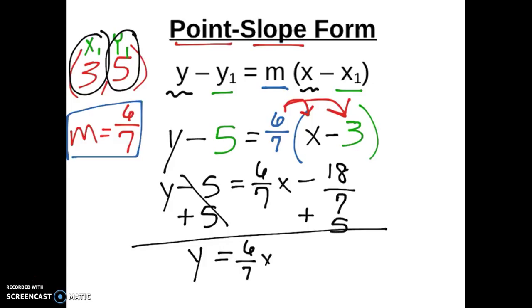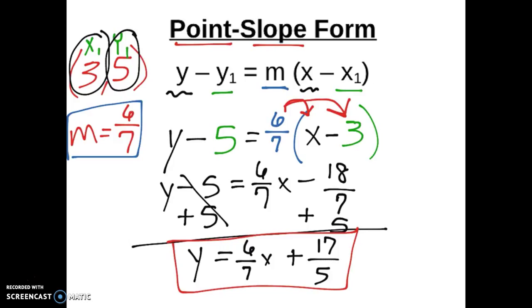So when you combine those, you are going to get 17/7, and that is positive, because when you turn your 5 into a fraction with the common denominator of 7, you're going to get 35/7, which is larger than 18/7. So that is a positive number. So just be sure that you're paying really close attention to your signs there, especially when you type them into the calculator.